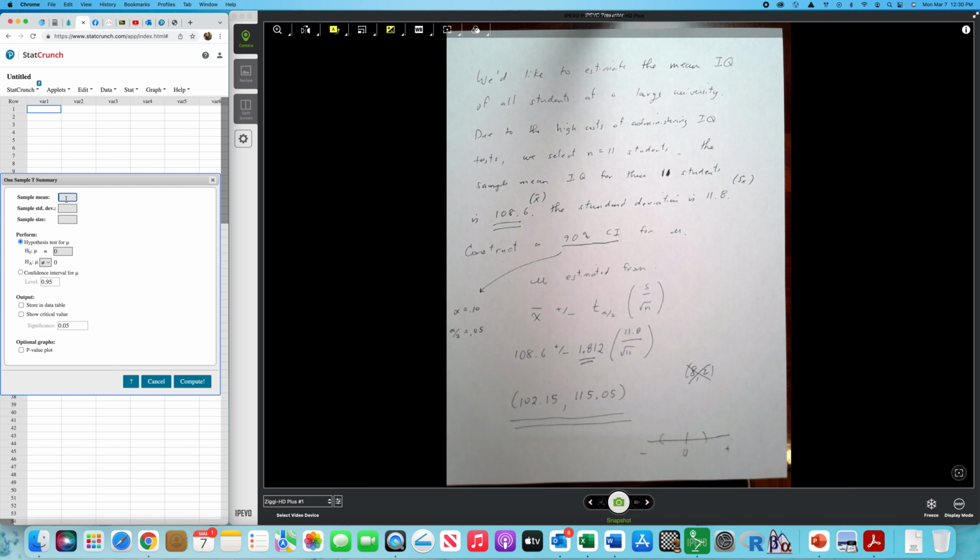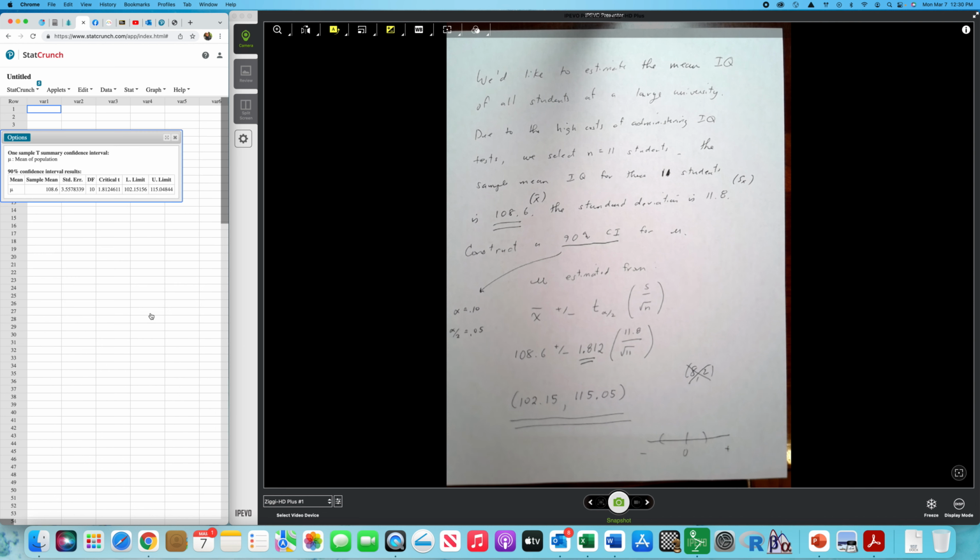So the sample mean is 108.6. My sample standard deviation is 11.8. The sample size is 11. Need to come down to the confidence interval. We need to make sure that we make the change to 90%. And I want to show the critical value, although we already know what it is, but it'll just kind of confirm our previous work. All right, so I go directly to the last two.